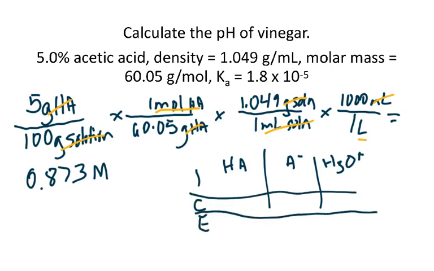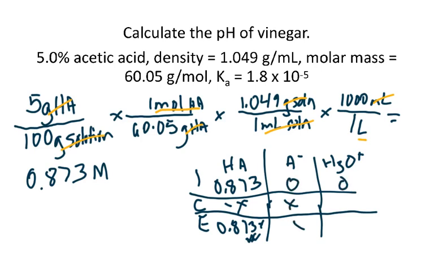After a while, if you're getting used to this, you don't have to keep writing the ice tables for all of these. And then we're going to use the x is small approximation, so I crossed out my minus x, starting with zeros there, x, x, x, x.